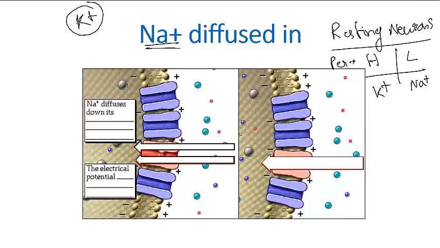Now let's examine the process of movement of sodium. If you look at this picture, you will see the arrows are similarly distributed, and the width of the arrow indicates the relative strength of the chemical force.